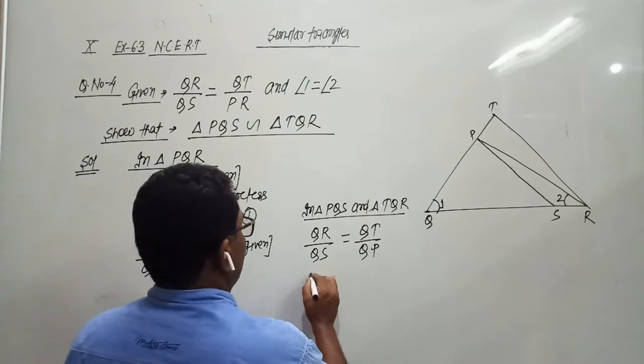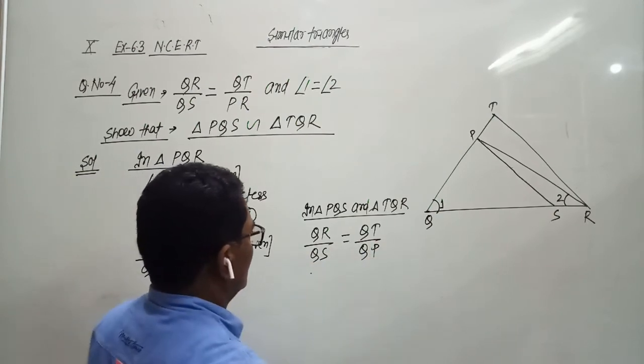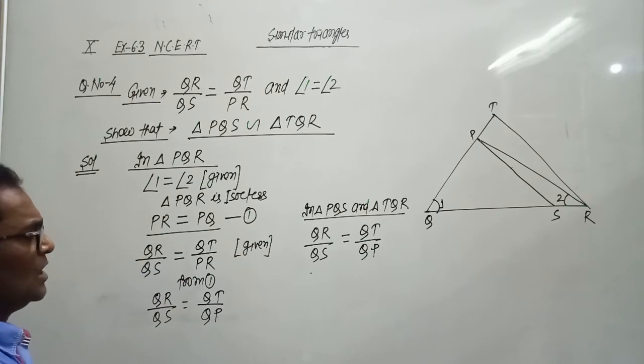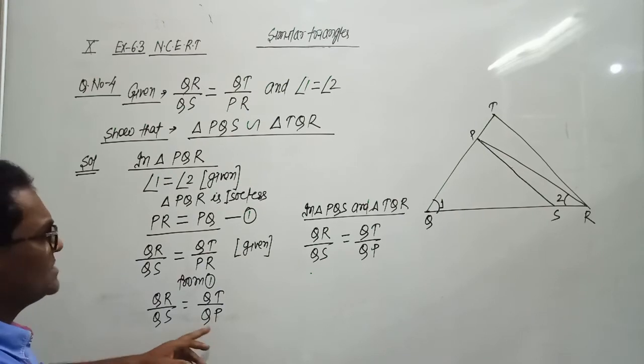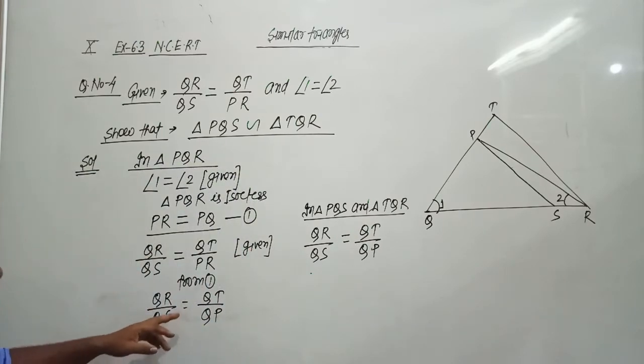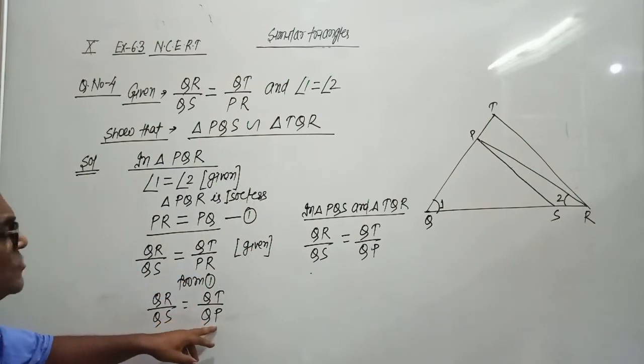So since the sides of these two triangles are proportional, in place of PR we have written QP.